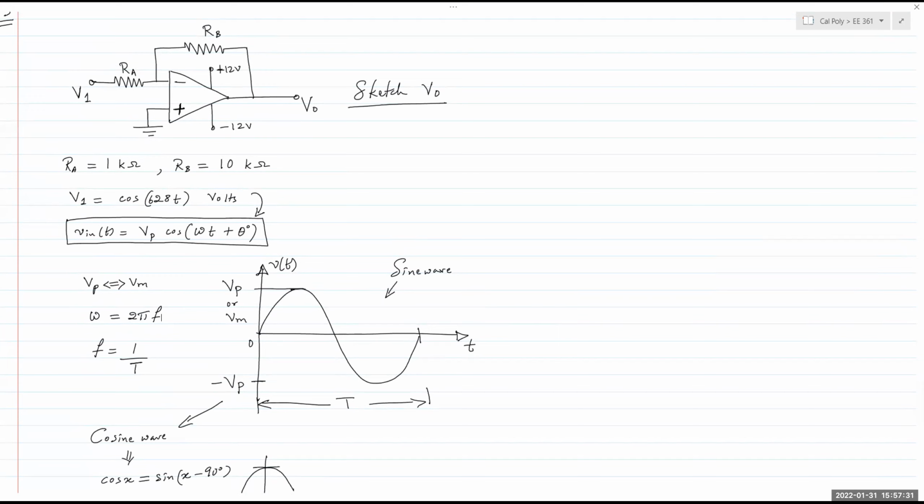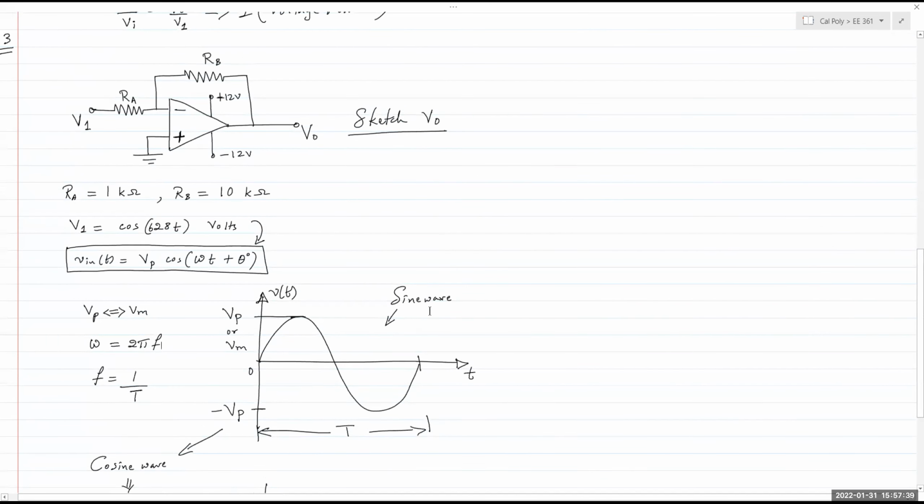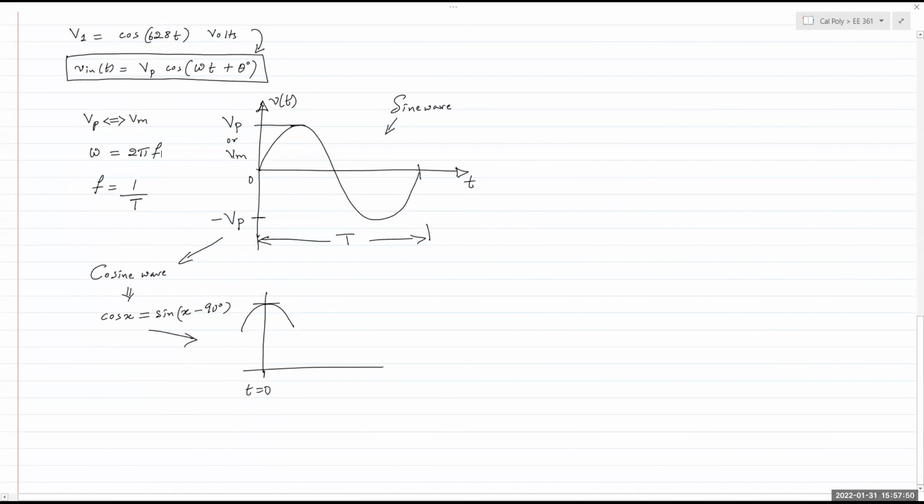The only thing you have to be careful about is basically the phase, right? If you look at the circuit diagram, the input is going into the negative terminal. So the input is going into the negative terminal. The output waveform is 180 degrees out of phase of the input.